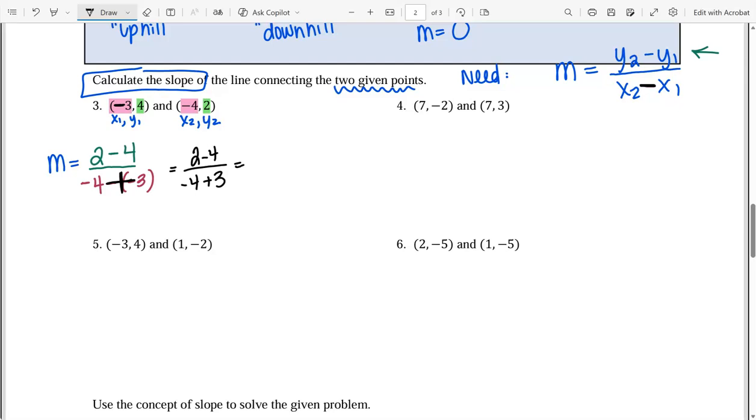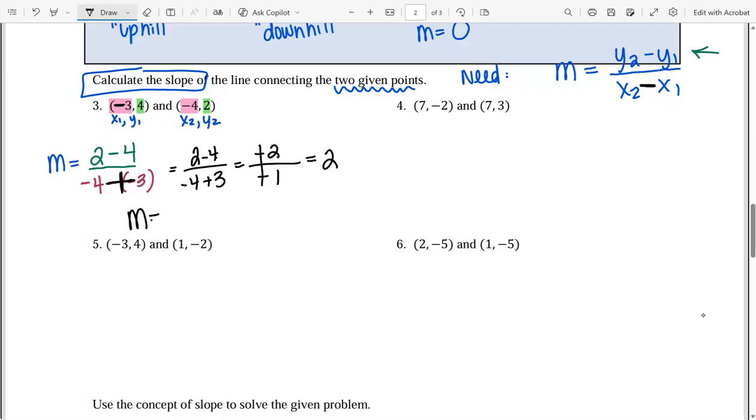This right here is why we spent so much time working on our integers towards the beginning of the semester. Be careful of your signs. 2 minus 4 is a -2 result. -4 plus 3 is a -1 result. Once I'm done simplifying, -2 divided by -1 turns into a +2.